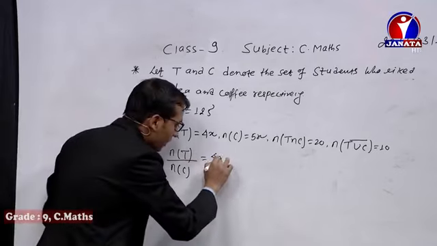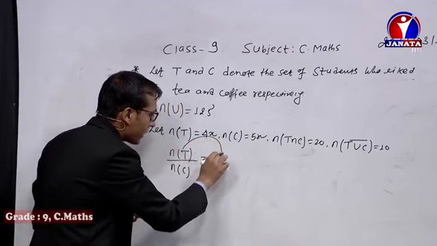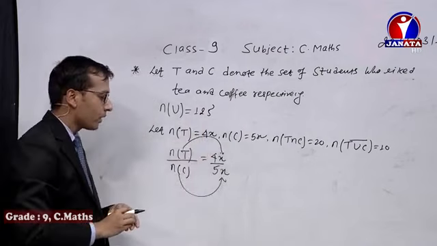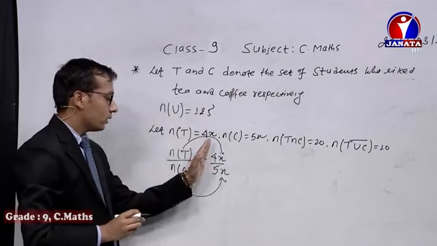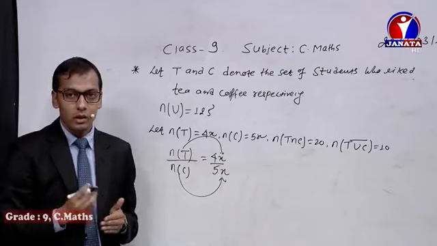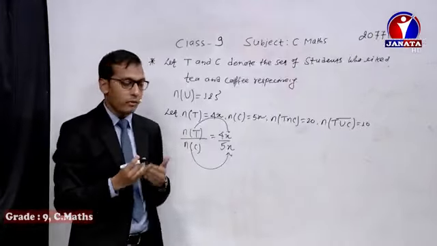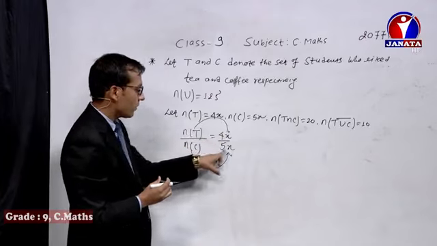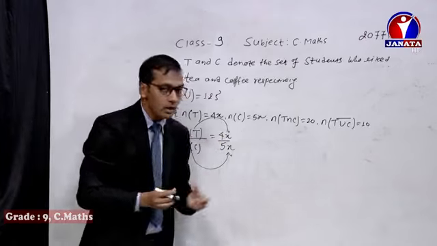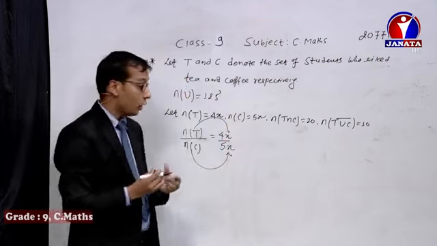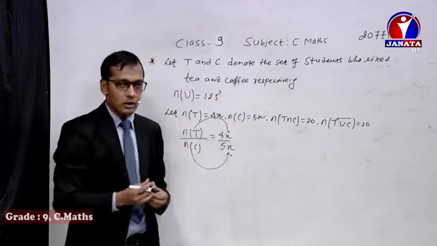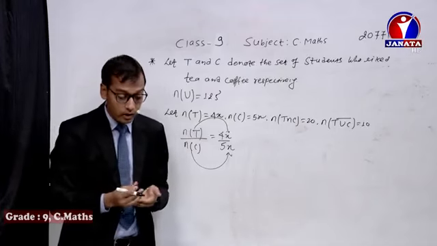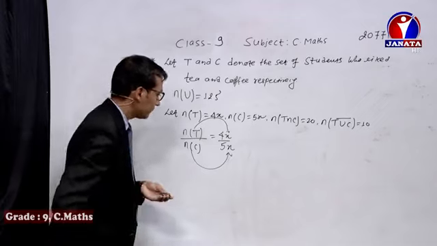If we suppose n of T is 4 times x and n of C is 5 times x, here we can multiply the ratio by the same common factor, which is x. So n of T is 4x, n of C is 5x. Now with the help of this information known from the question, we can draw the diagram and solve the questions asked here.